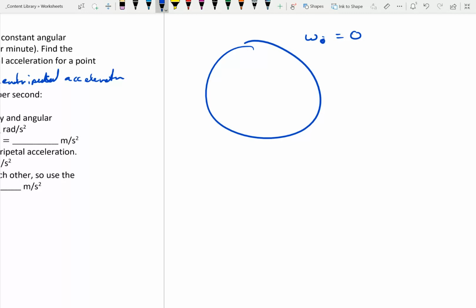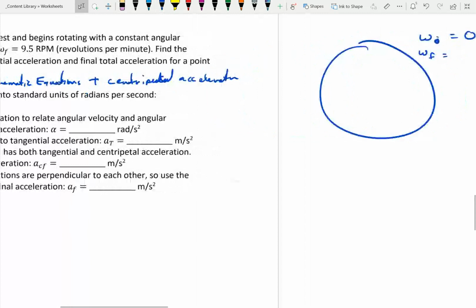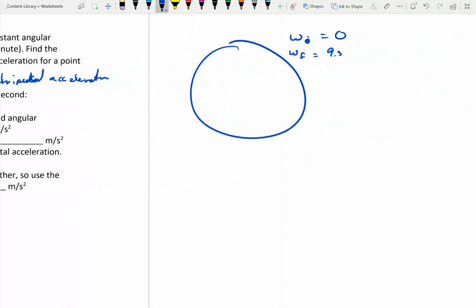And then we have omega final is equal to 9.5 revolutions per minute. And so I'm going to draw a little arrow here for rotating. And it tells us we have a radius of 0.58 meters.